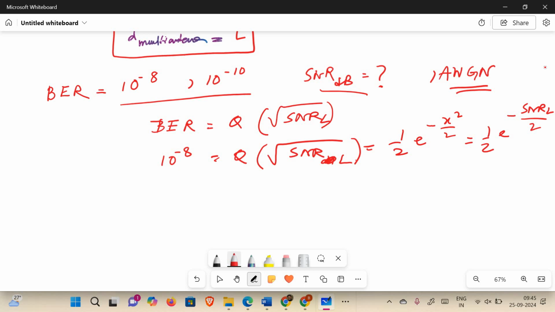As you can see with the questions that we have solved, or even some I missed, which will be there in the course material, mostly two equations are important. One is the BER expression for wired, for wireless, and for the diversity case, and the other is the SNR expression for wired, for wireless, and for the diversity case. Wireless here I mean SISO, the non-diversity scenario.